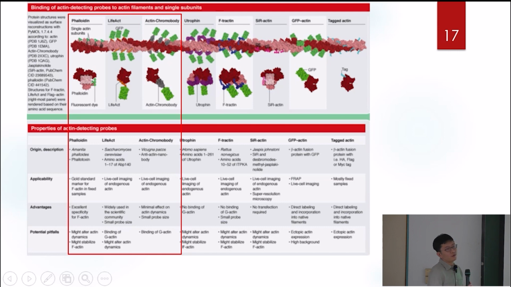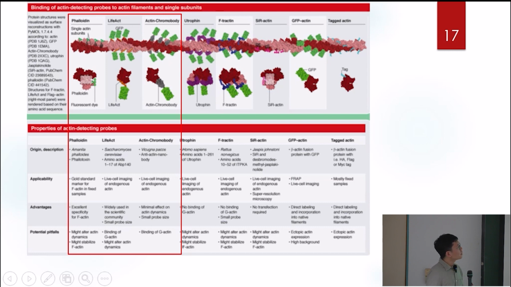For the fixed sample, phalloidin is the gold standard. So everyone uses phalloidin. And for live imaging, it depends on your cell type and your model organism. You can choose LifeAct or others, or this actin chromobody.